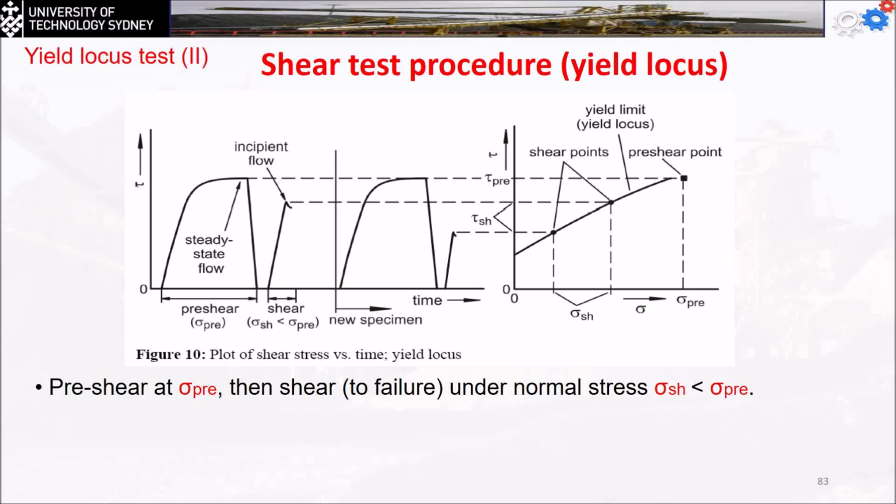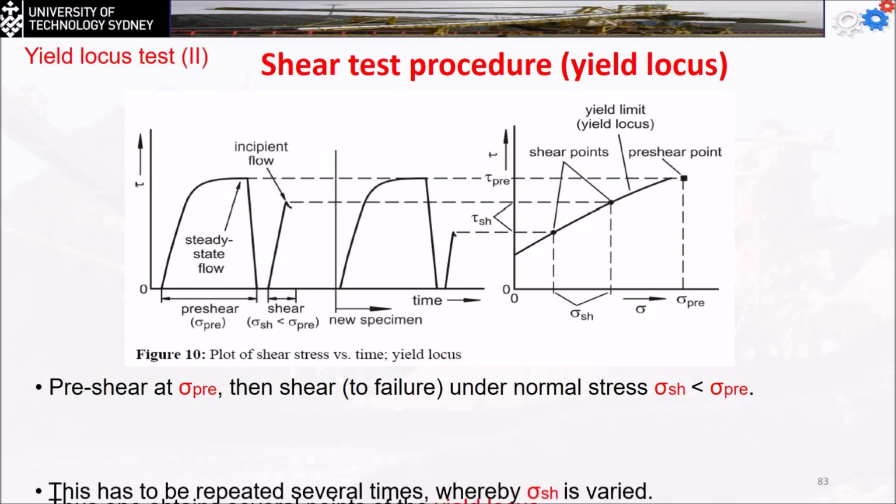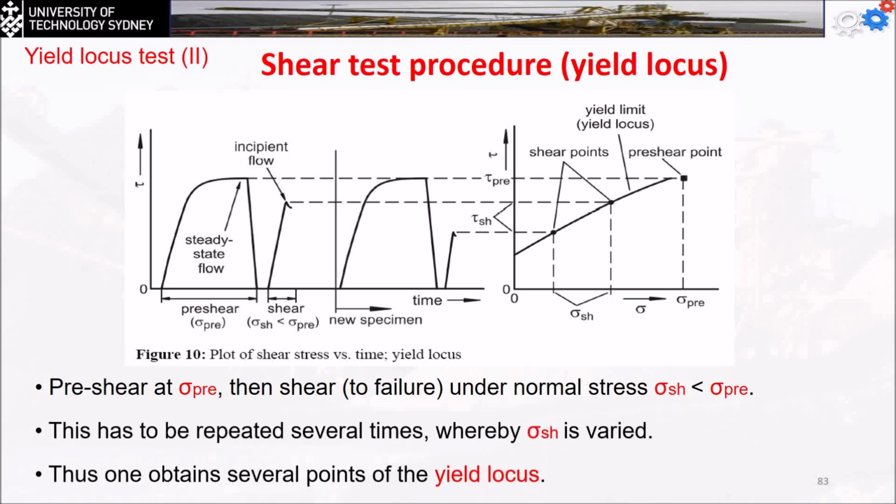So at the value of the pre-shear stress, the shear stress under the normal stress is going to be less than the pre-stress. And this has to be repeated several times, whereby the sigma shear is varied, and thus one obtains several points, and the yield locus can be sketched.